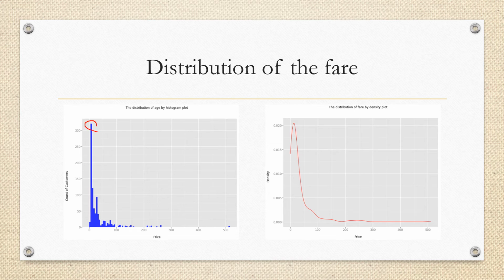Like you can see at this point. Also, for the left graph, we can observe that a few customers bought tickets for more than 500.